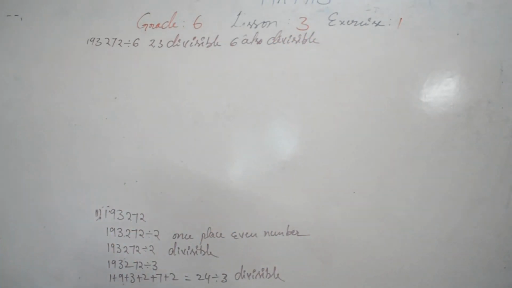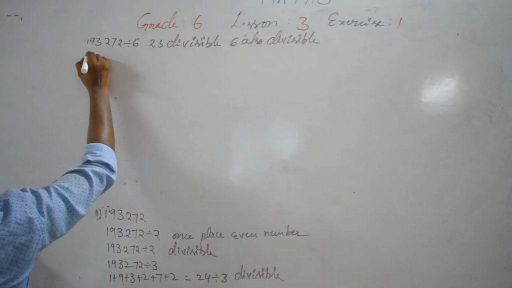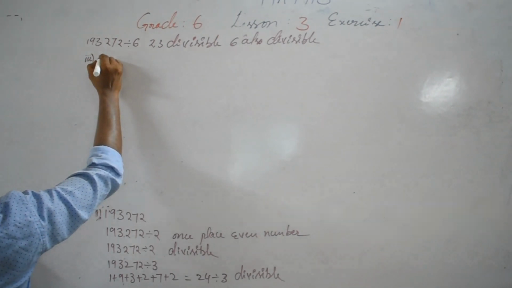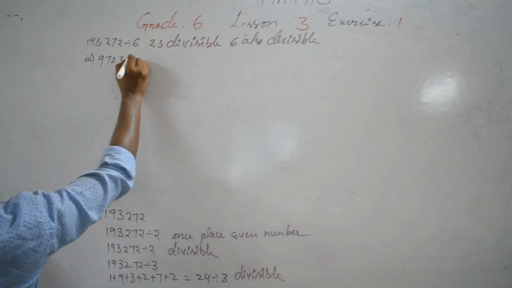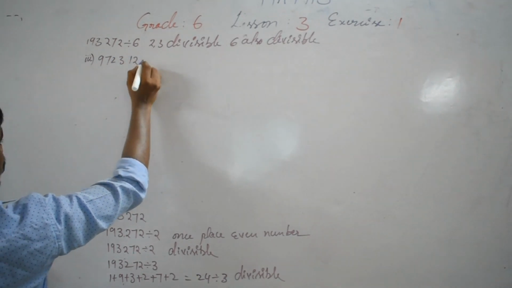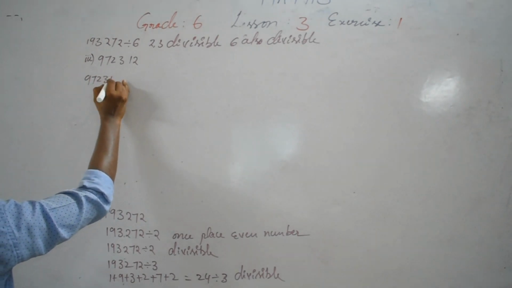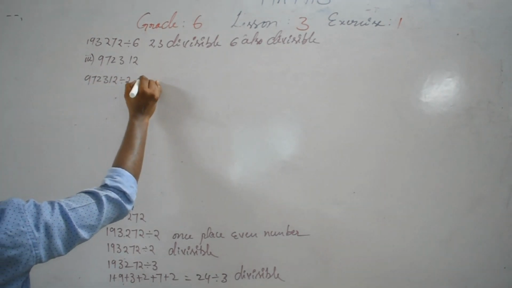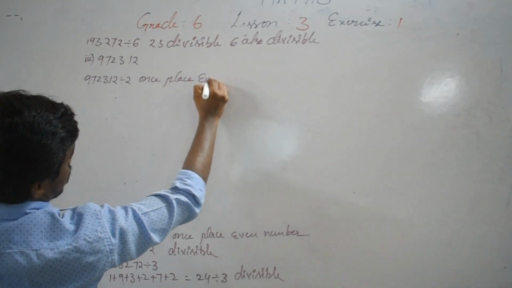Next one, third problem: 9,72,312 divided by 2. The ones place is an even number.